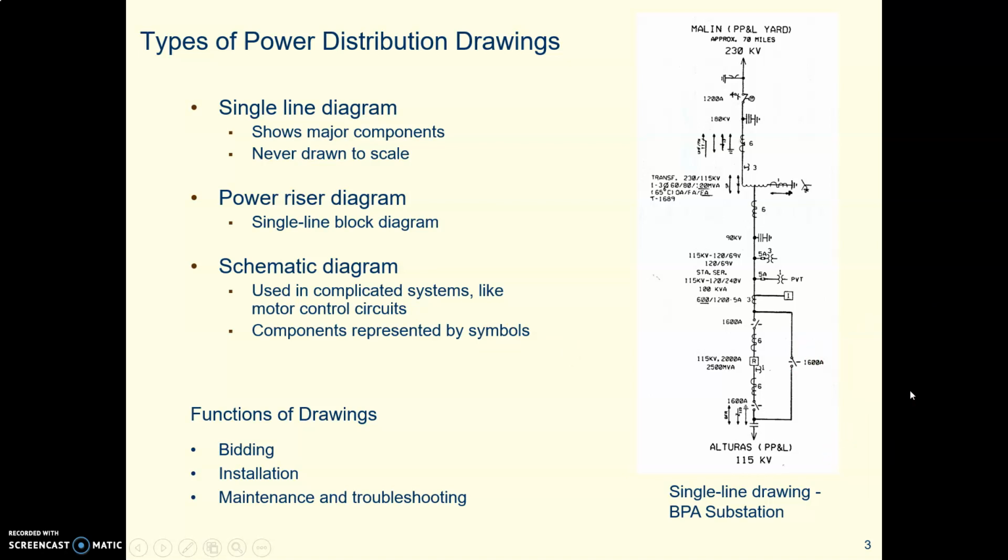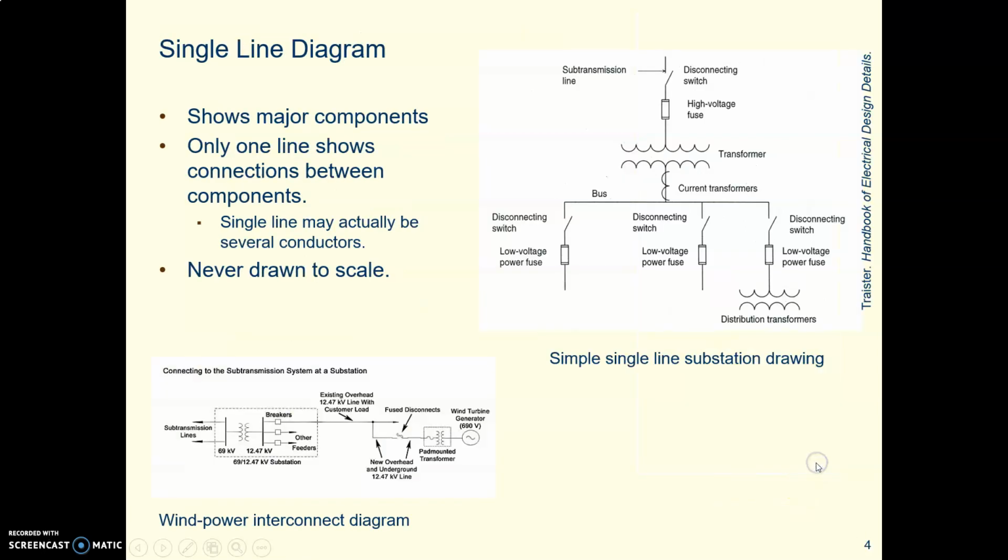People use these drawings to install, so the electricians might get out and use this schematic to figure out what gets connected where. When they're in the bidding process, they also use it to bid, and then of course they will need this when they have to go out and do troubleshooting. One thing you will notice about electrical drawings of all types is that they are not to scale.